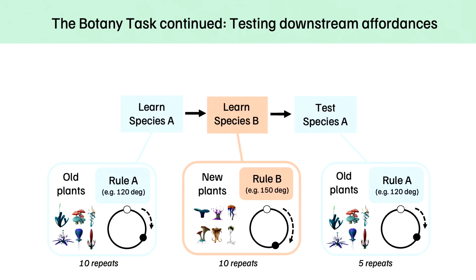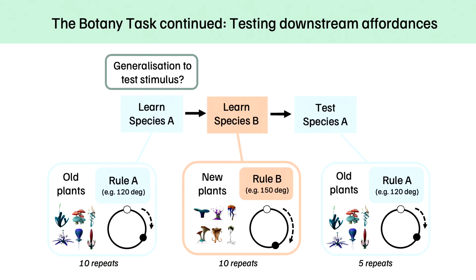Here are the different downstream affordances I'm about to show you. First, generalization to the test stimulus, and we saw in neural networks that you need a task-specific representation in order to generalize within a task. Second, transfer to a similar task, and again, I'm going to show you this in neural networks and people: this is their accuracy at the very beginning of learning that second task, so how quickly they can learn about these new stimuli with a similar rule.